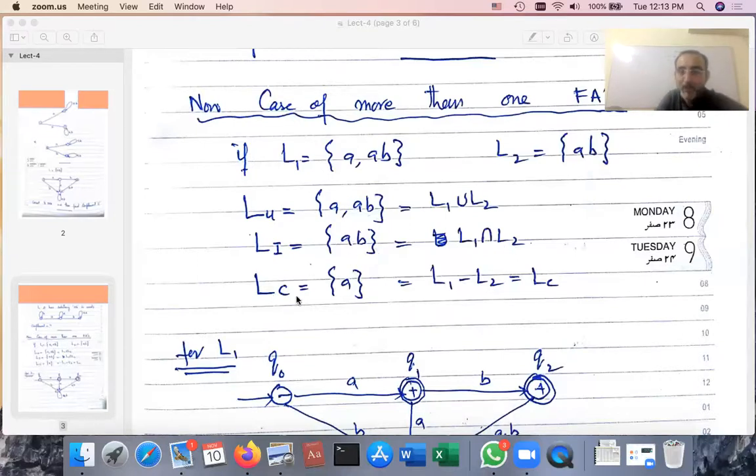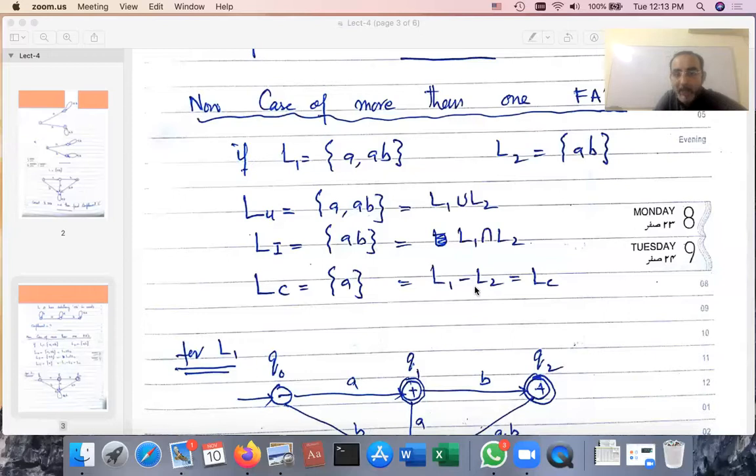And the third one is the complement. So the complement of two languages, L1 and L2, is always L1 minus L2, as you can see on the screen, I am highlighting. L1 minus L2, this is the definition of the complement if you have two FAs.